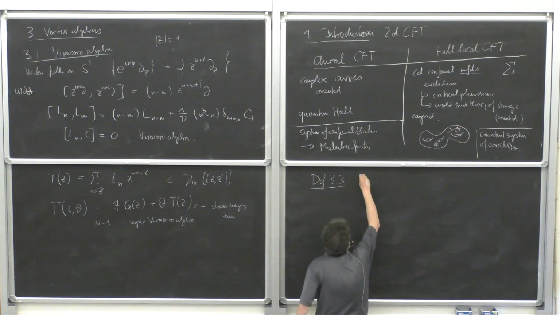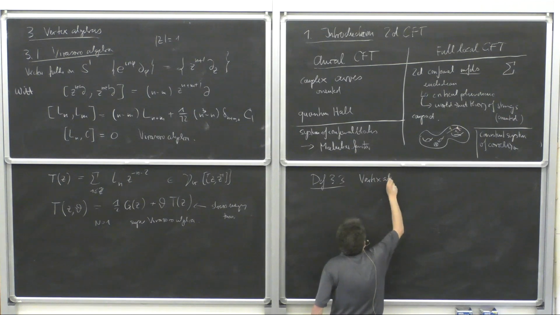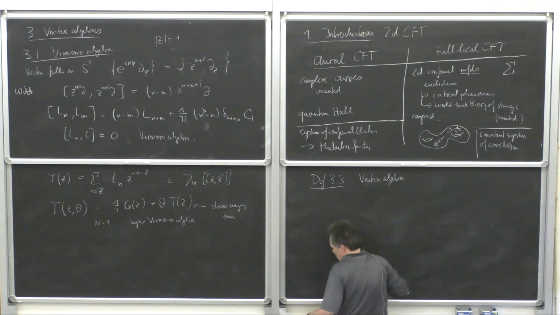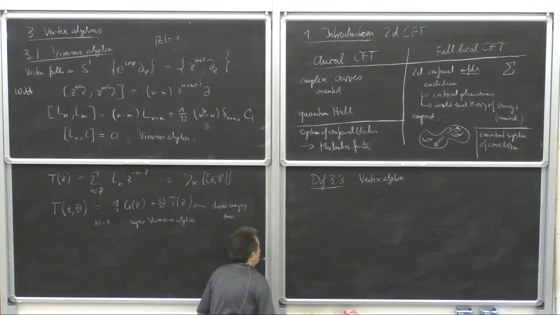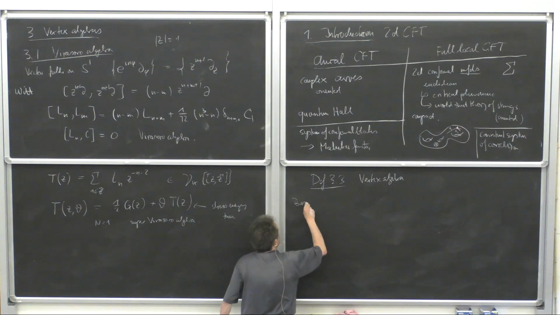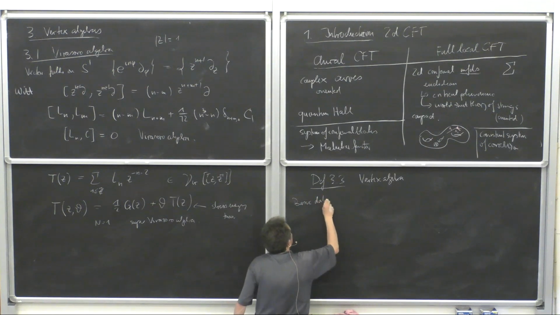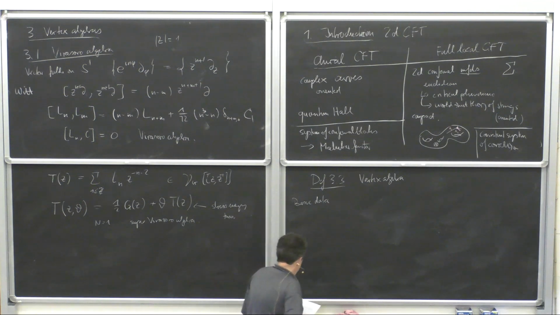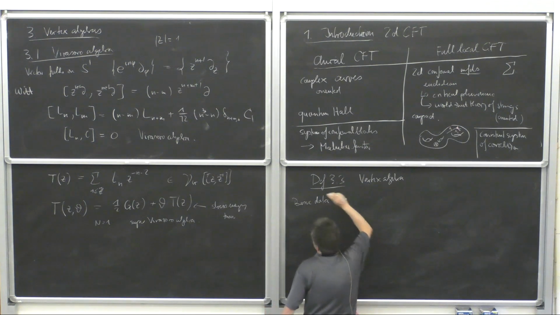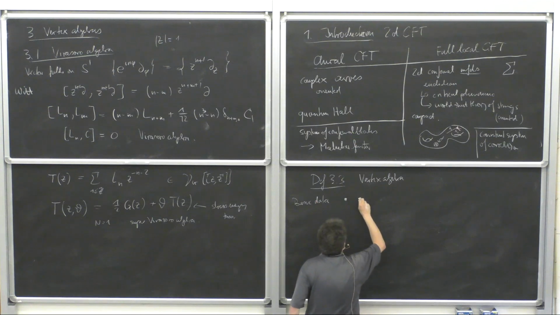So if I'm looking at a vertex algebra, and notice there is no operator for the moment, then what are the basic data? It should generalize some of this Lie algebra.